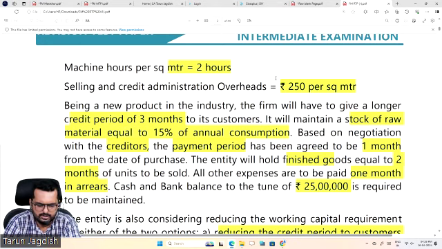Okay, so write down the next one. Closing stock of raw material is equal to 15% of annual consumption.